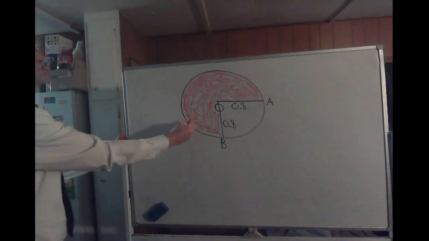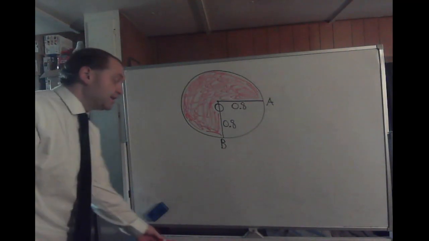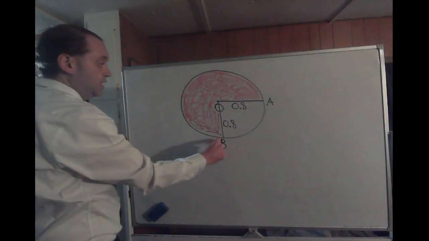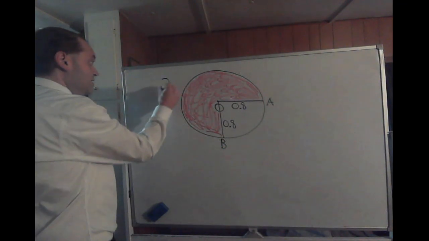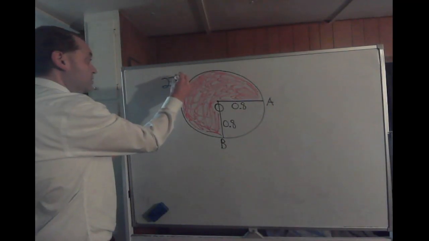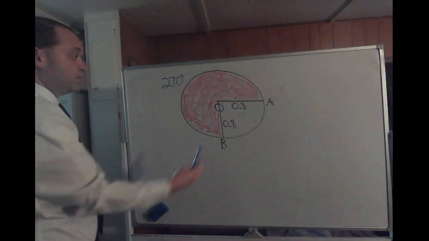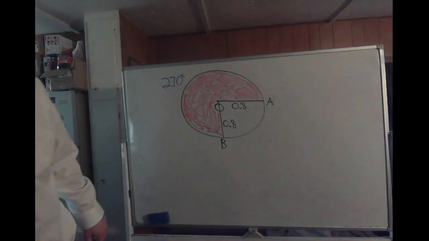Alright, so we have a circle here with radius 0.8. You would have arc AB going this way, which is what we're trying to find. The measure of that arc is actually 270 degrees. We need to find the length of arc AB going this way and the area of sector AOB, the shaded area.